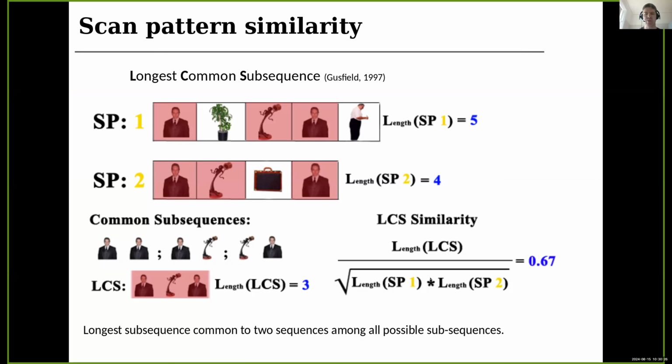In this case, we have 3 as the length of the longest common subsequence. So this gives us a similarity of 0.67. Okay, so this is fairly straightforward and can be used basically to compute the similarity of any two sequences of distinct objects. Okay, and so we're using this to compare scan patterns.